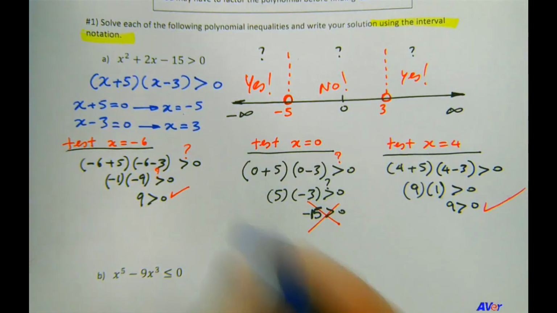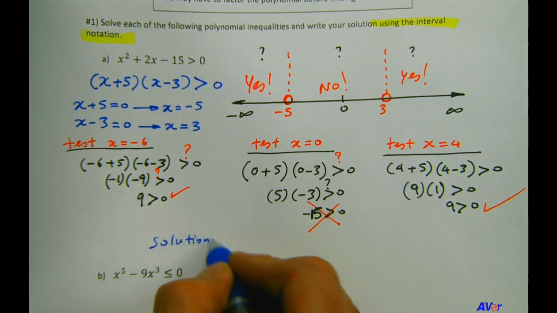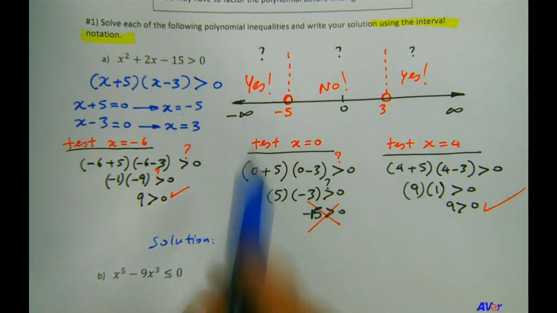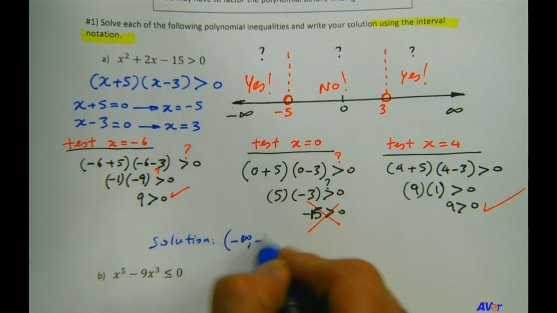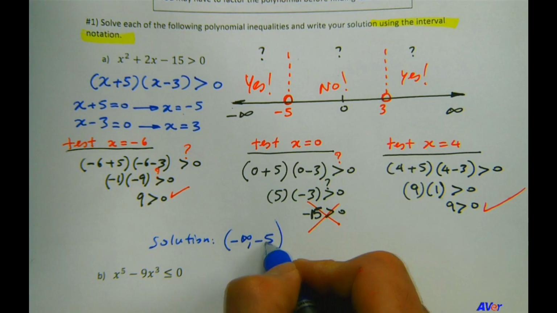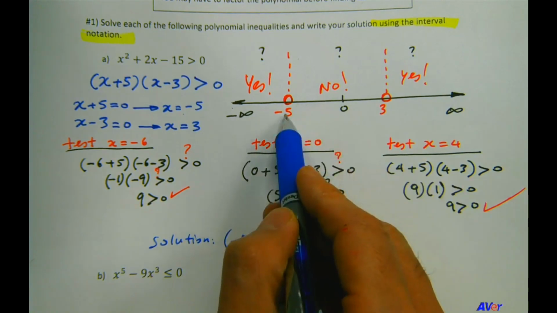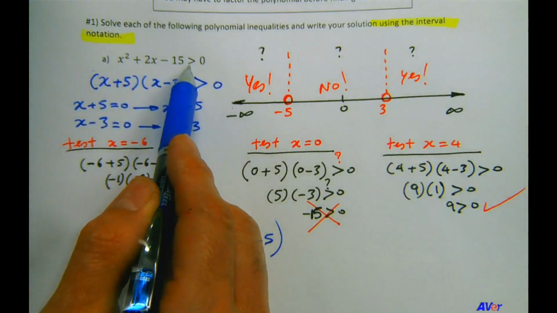Okay, so let's do that. The solution would be from negative infinity to negative 5, parenthesis or bracket? Which one? Parenthesis, right? Negative 5 cannot be part of the solution because the left side cannot be equal to 0.